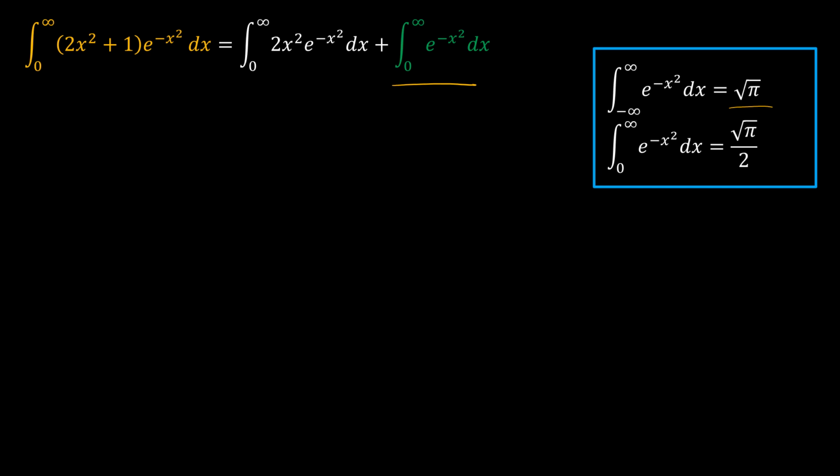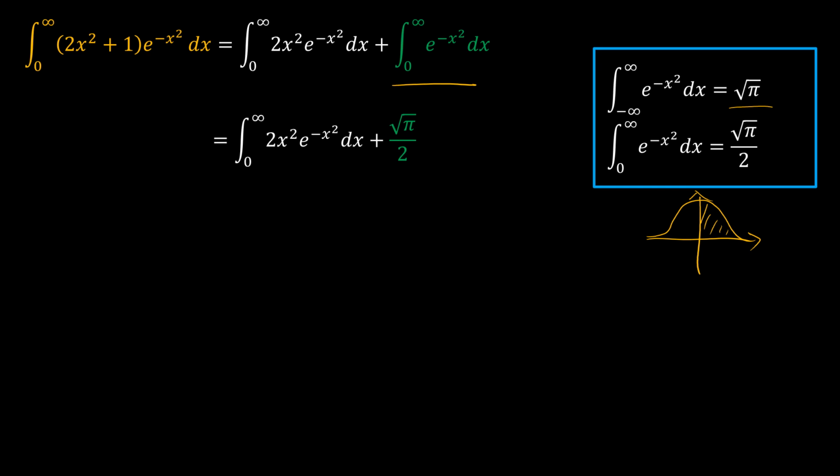And since this function is symmetrical about x equals 0, it means that from 0 to infinity, this is half of square root of pi, right? So we can just quickly plug the square root of pi over 2 in place of the green integral.